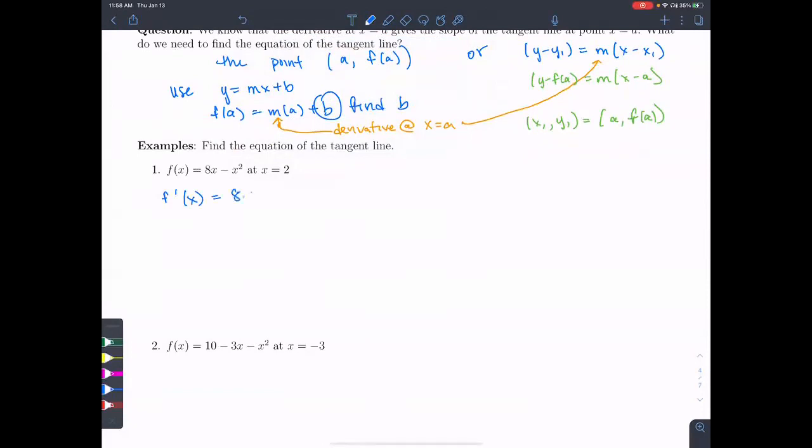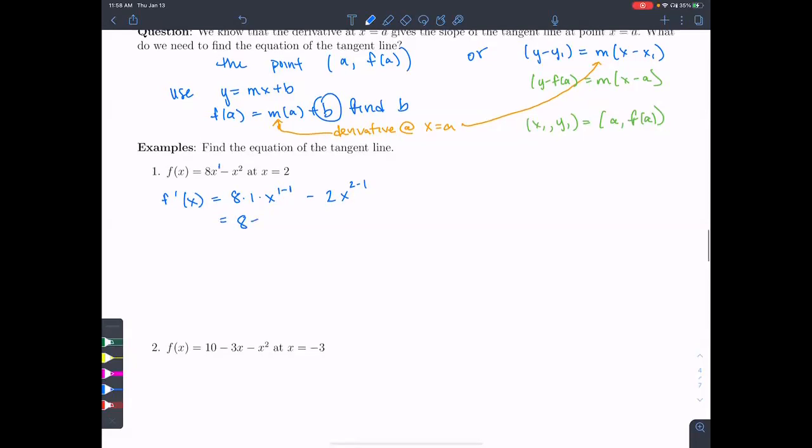This would be 8 times 1 times x to the 1 minus 1, minus 2 times x to the 2 minus 1. This is x to the first, so decreasing that power would be x to the 0. And then the exponent comes down front, and decrease it by 1. So you're looking at 8 minus 2x.